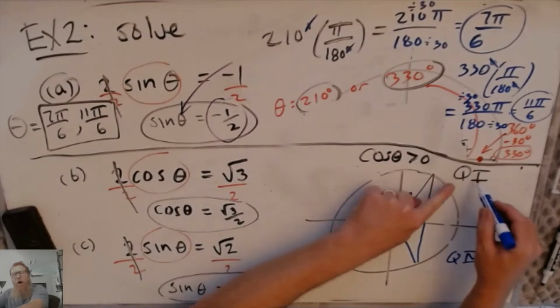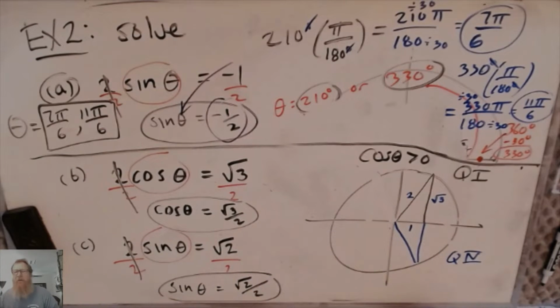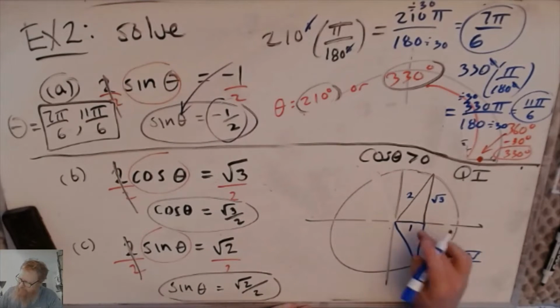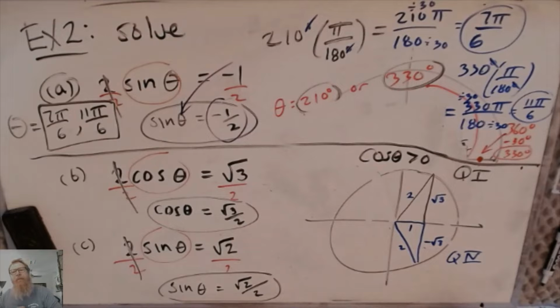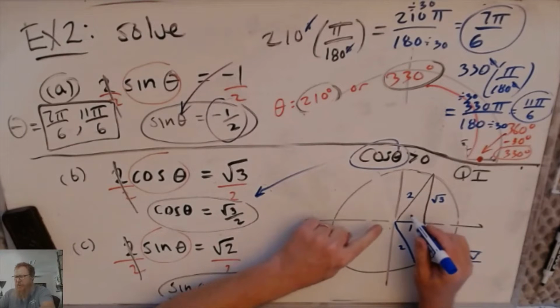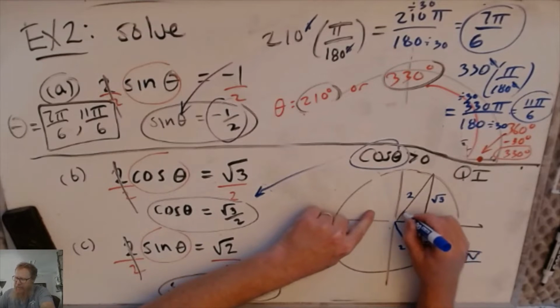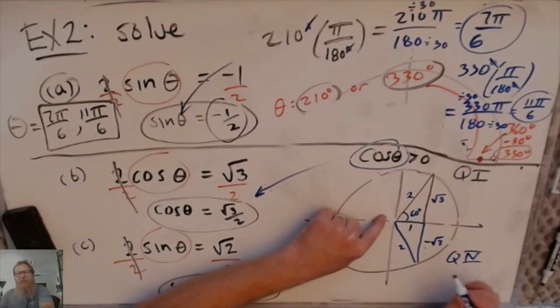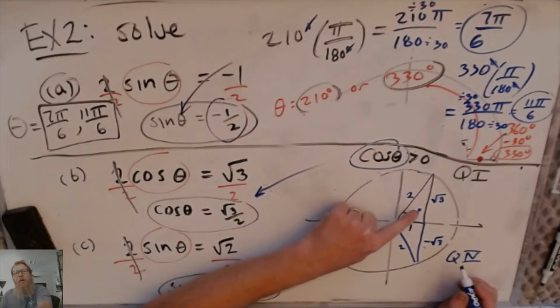Quadrants 1 and 4. We're talking about cosine being positive. So our two answers are 60 degrees in quadrant 1.